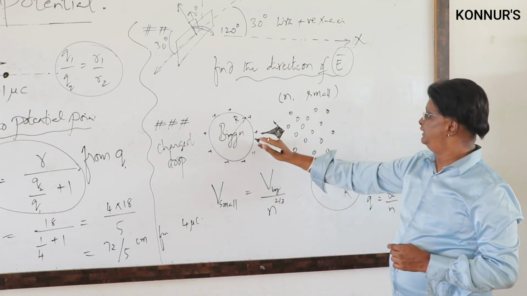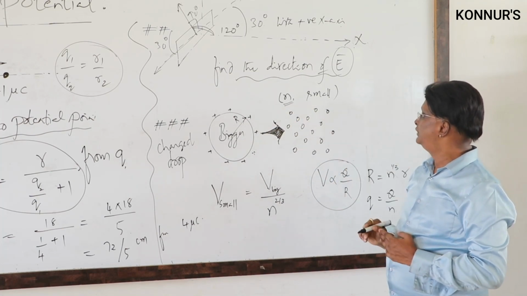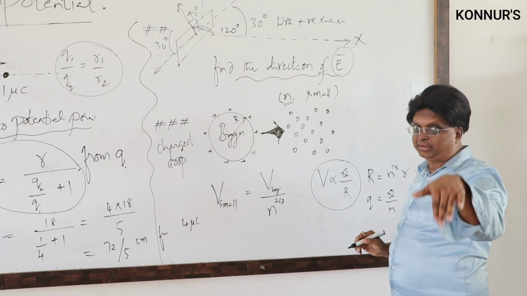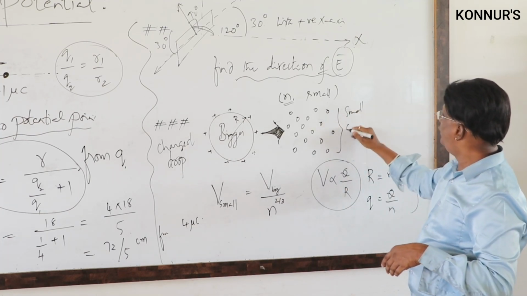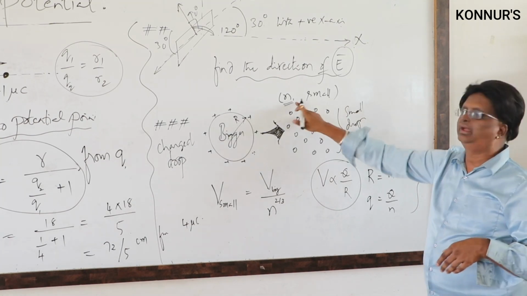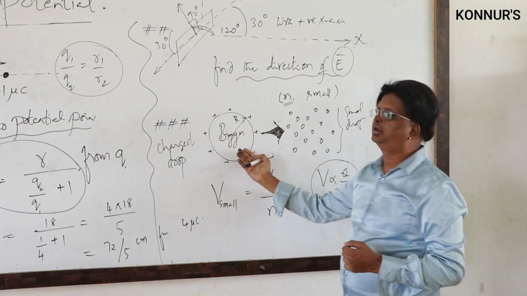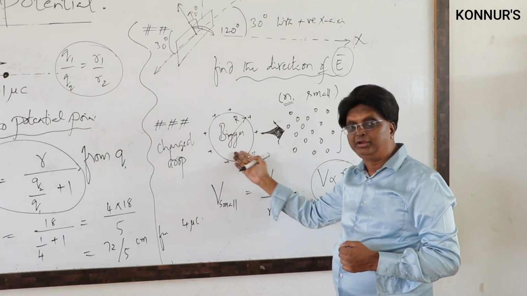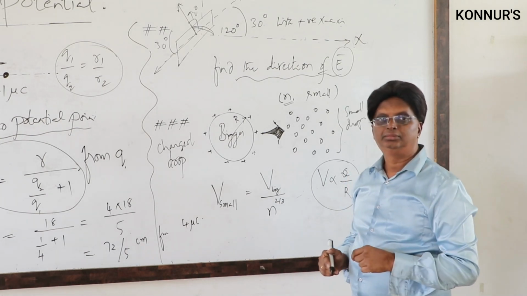Now this one is split into n number of small identical drops. So these are all small drops, the number is n. Now in this case, the potential of the bigger drop is given and you are asked to calculate the potential of each smaller drop.